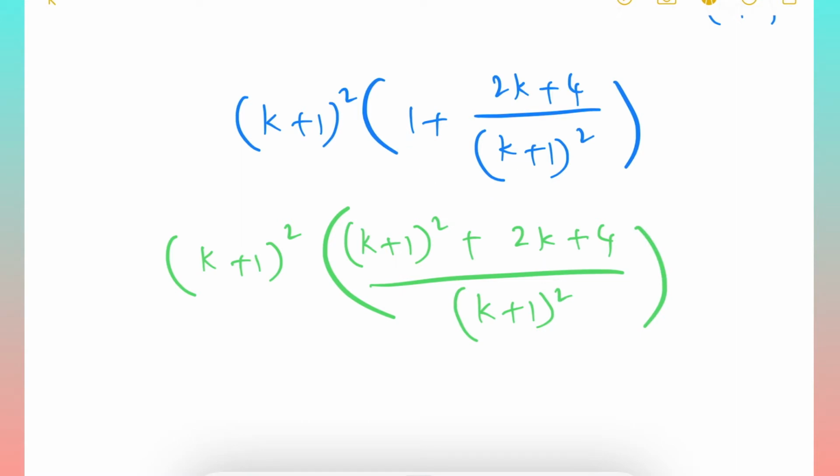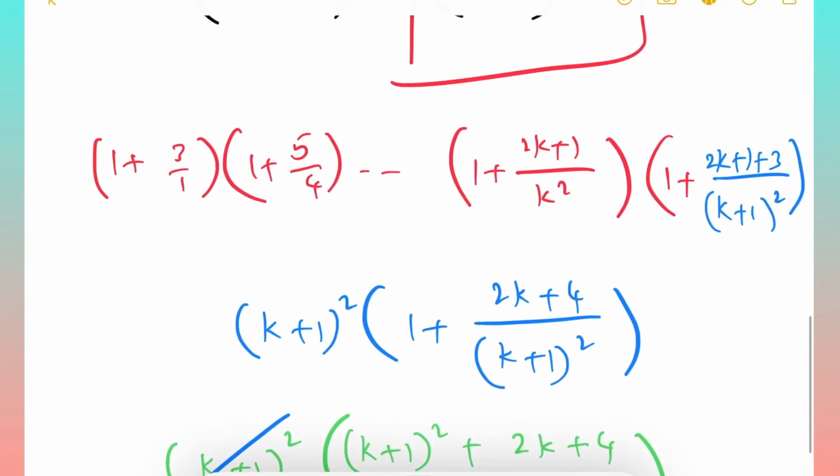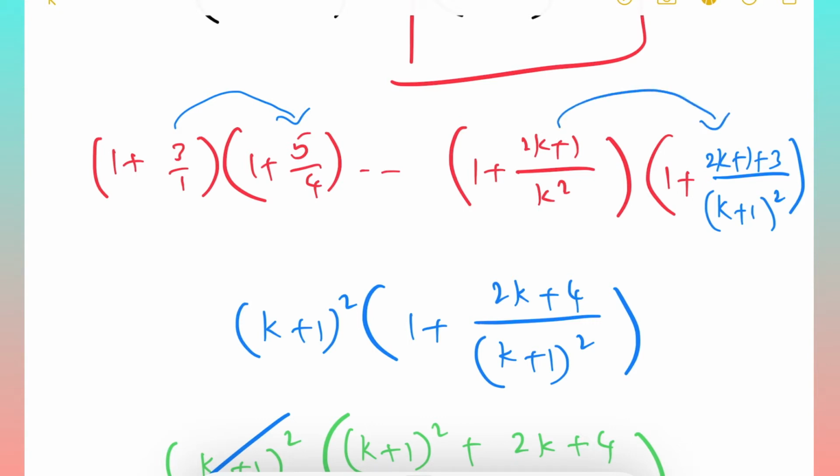Now here k plus 1 whole square, in the denominator also k plus 1 whole square, both will get cancelled. Then we remain with, oh sorry, I did a mistake here, sorry. From 3 to 5 it is 2 increasing, right? So for 1 also I need to increase only 2, but by mistake I wrote 3 here.